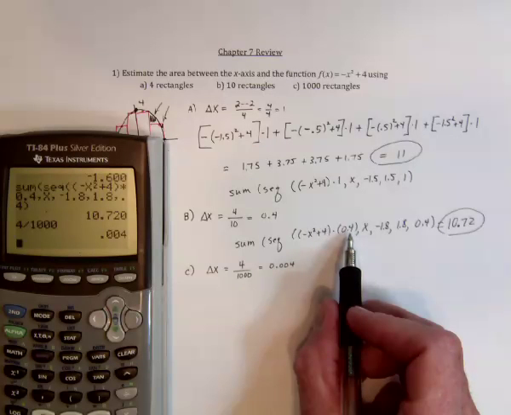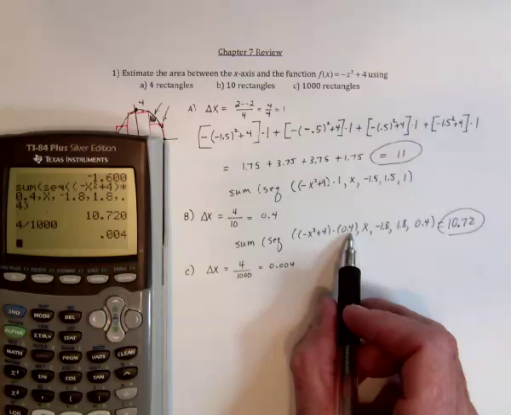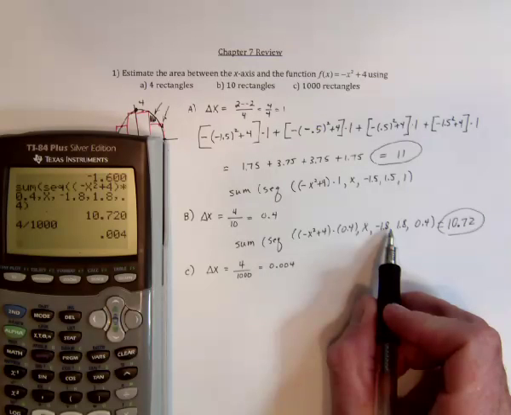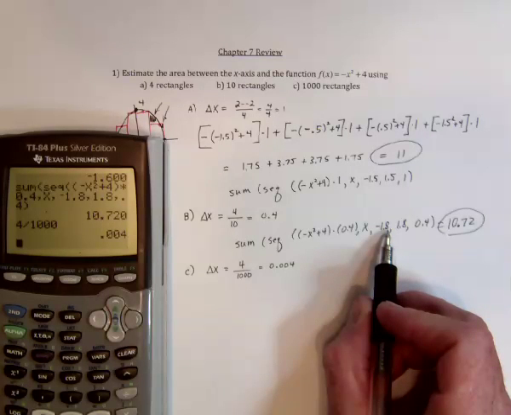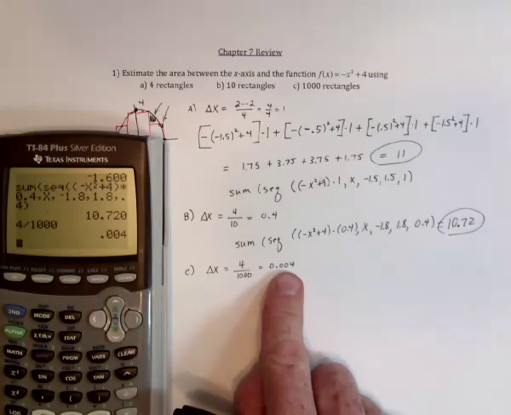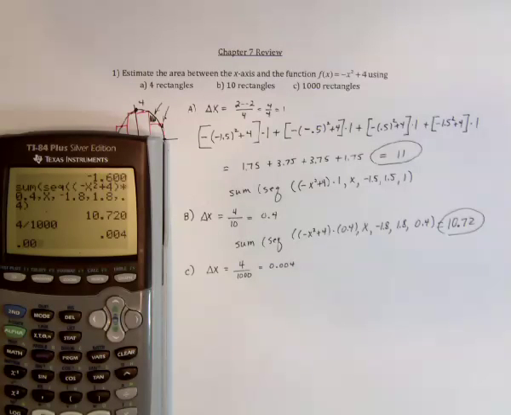And then if you cut that in half, so take this and cut it in half, 0.002, and add that to the original left-hand side, which was negative 2.